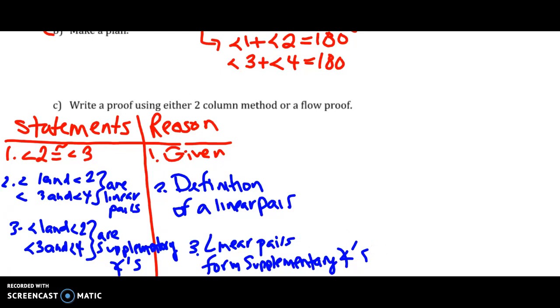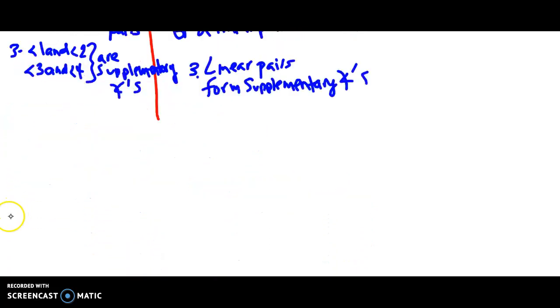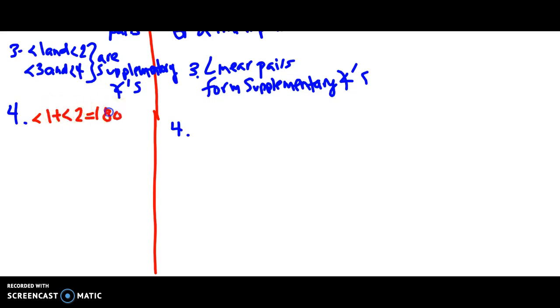Again, this is still coming from those observations, those known angle relationships, those package deal proofs that we talked about. These are statements we're pretty much always going to make together whenever we observe these and can use them in the proof. So now we know that angle 1 plus angle 2 equals 180. Angle 3 plus angle 4 equals 180.